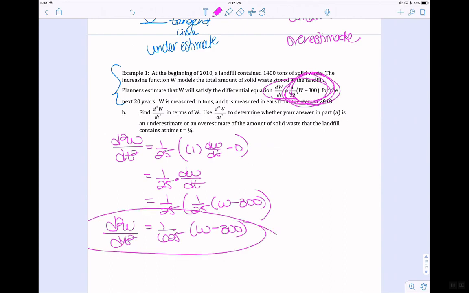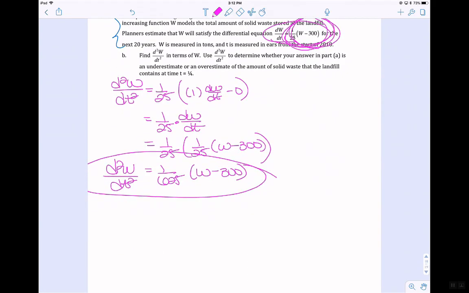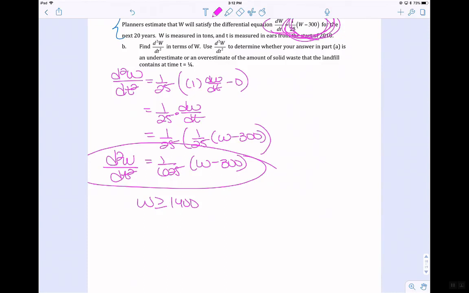Okay, so now we're going to at least be bigger than 1,400, right? So W has to be greater than or equal to 1,400, because that's what I started off with. So if W is something bigger than 1,400, this entire equation is going to yield something that's bigger than 0.